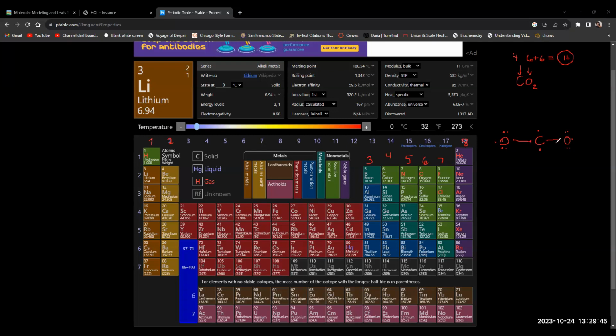So we already have single bonds here. One way we could go about this is by using double bonds. So remember, a single bond consists of two electrons. Any guess what a double bond would take up?